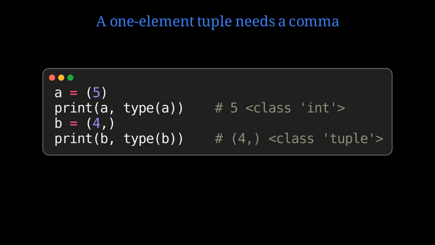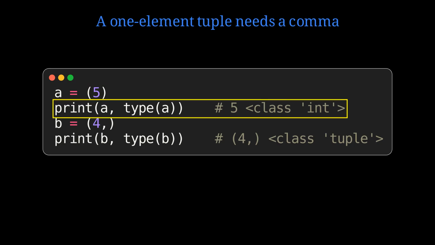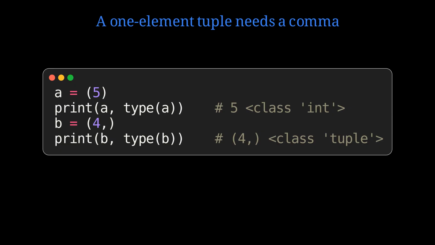Now for a tuple with a single element. You might guess you just wrap the element in parentheses, but watch closely. Suppose we set the variable a to 5 wrapped in parentheses. Python reads those simply as grouping parentheses around the number. So a stays an integer with the value 5, no tuple at all. To actually build a one-element tuple, we need a trailing comma.